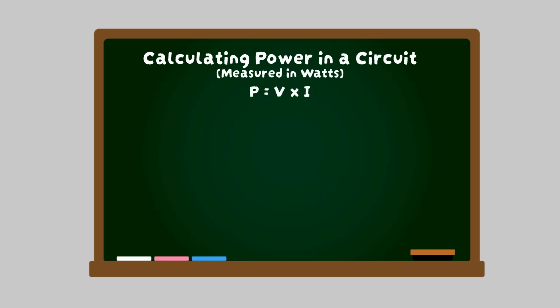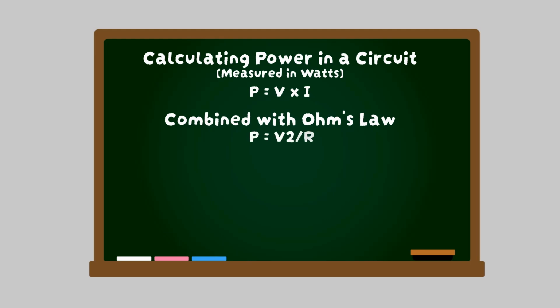P equals V times I, where P equals power, and this is measured in watts. From here we can combine it with the equation from Ohm's law. P equals V squared over R, and thereby P equals I squared times R.